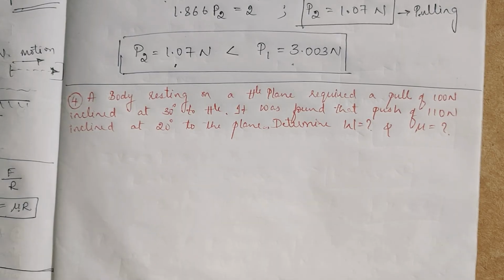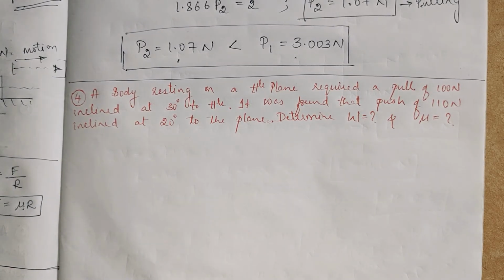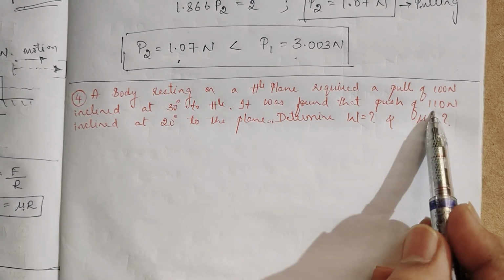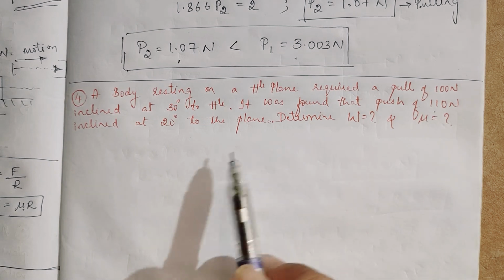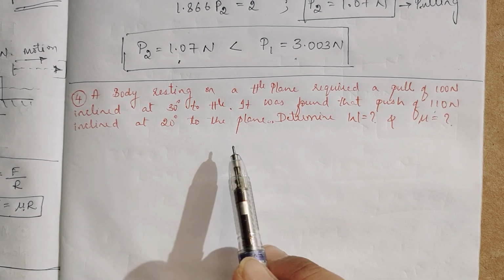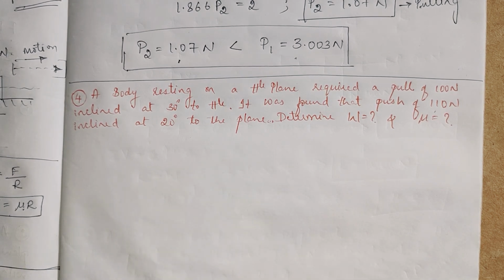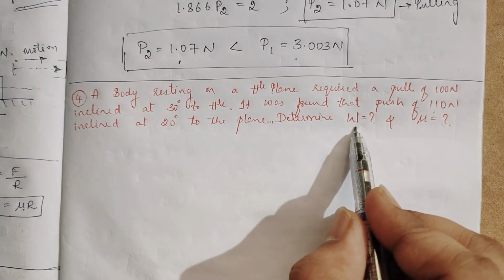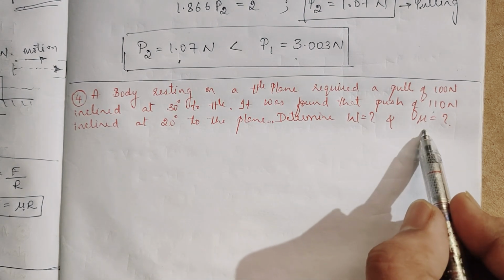A body resting on a horizontal plane is required to be pulled with 100 Newton inclined at 30 degrees to move that body, and it was found that a push of 110 Newton inclined at 20 degrees to the plane is required for the body to move. Determine the weight and also the coefficient of friction.